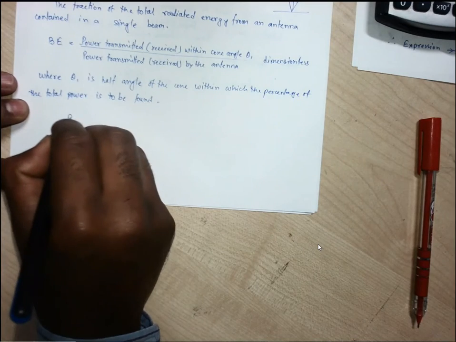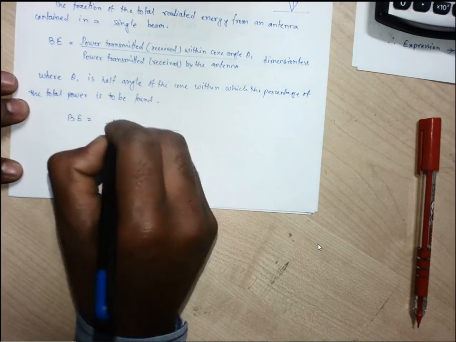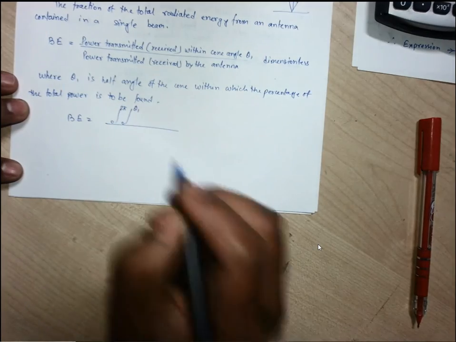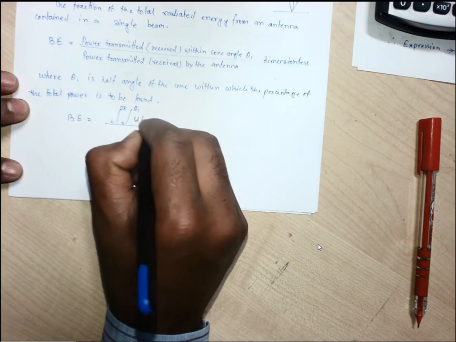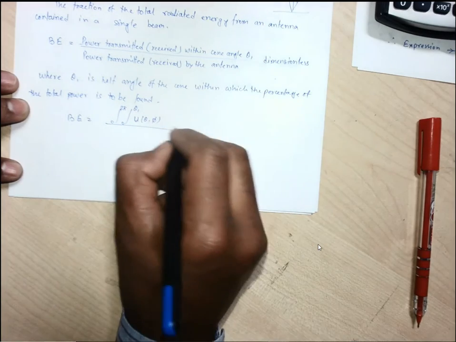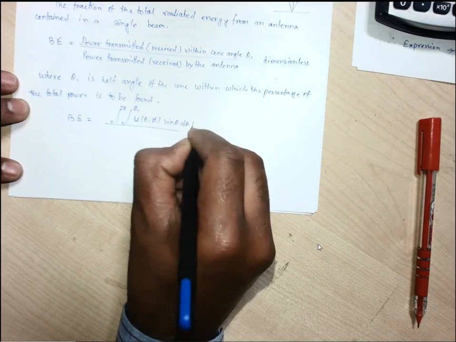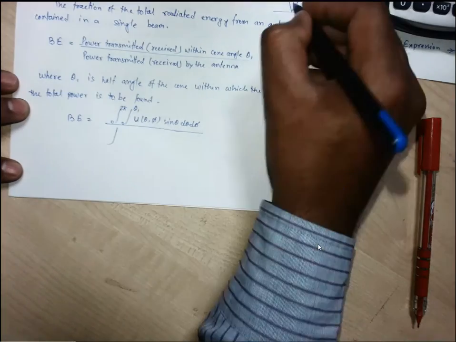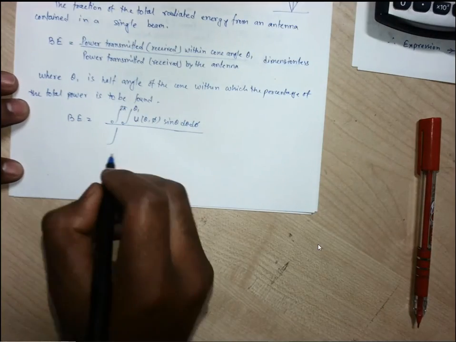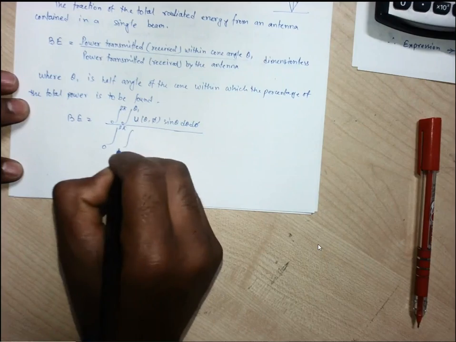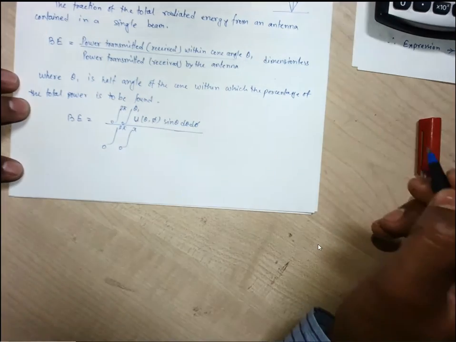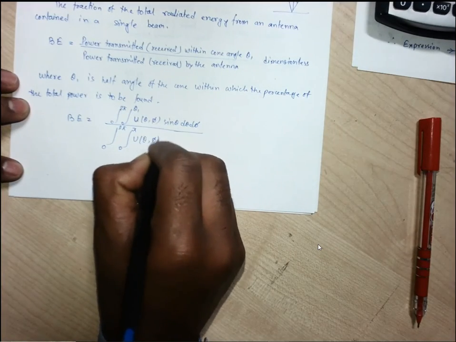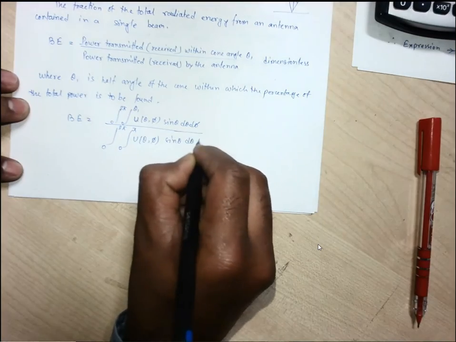That is, beam efficiency is equal to the integral from 0 to 2 pi, 0 to theta 1, of U(theta, phi) sin theta d theta d phi, divided by the same integral over the total azimuthal plane, 0 to 2 pi, 0 to pi. The denominator considers all directions.